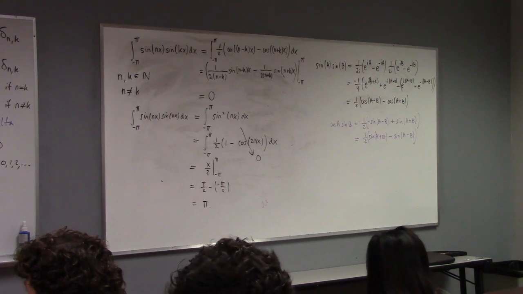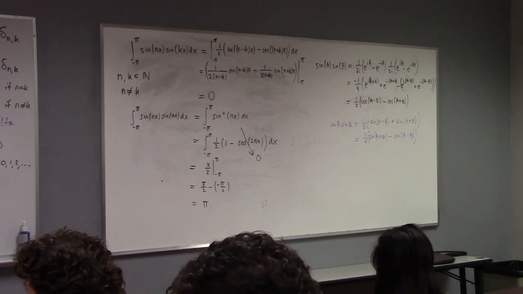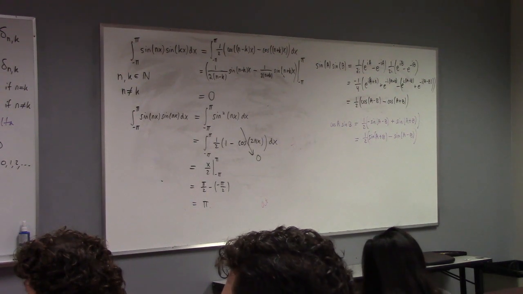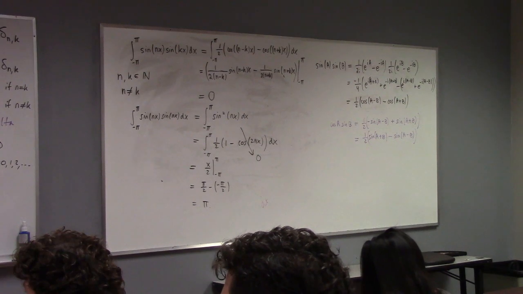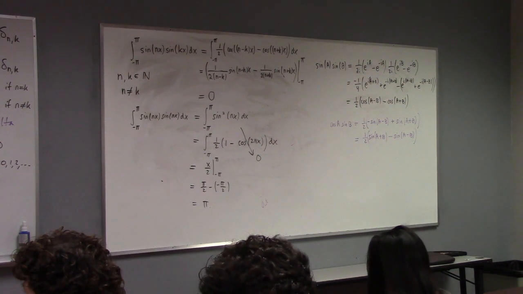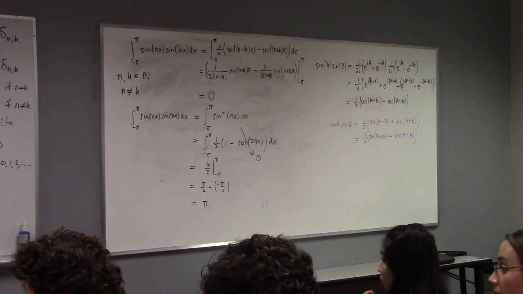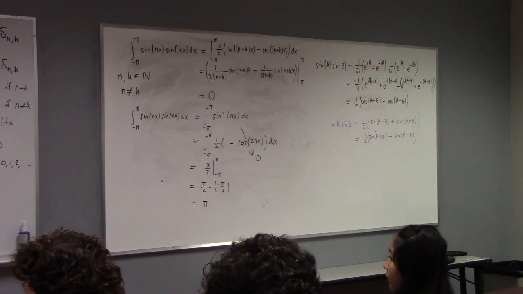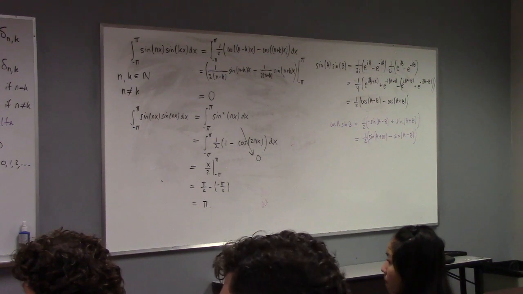This says 1 if i equals j, 0 if i is not equal to j. My notation is x hat 1 is x hat, and x hat 2 is y hat.